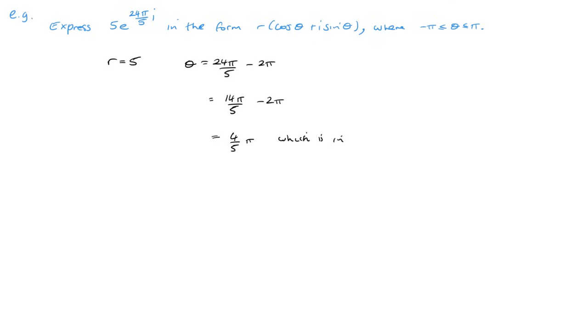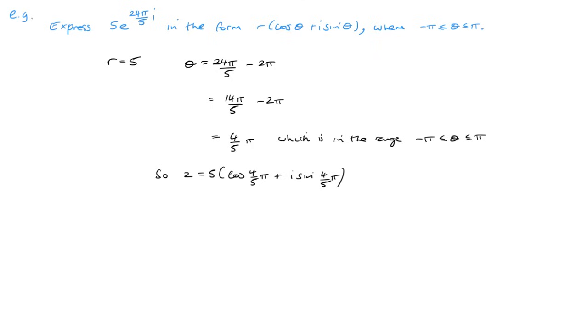It is in the range minus pi to pi. Okay, so now it's in the range, we can say what z is. So z is equal to 5 brackets cos 4 over 5 pi plus i sine 4 over 5 pi.